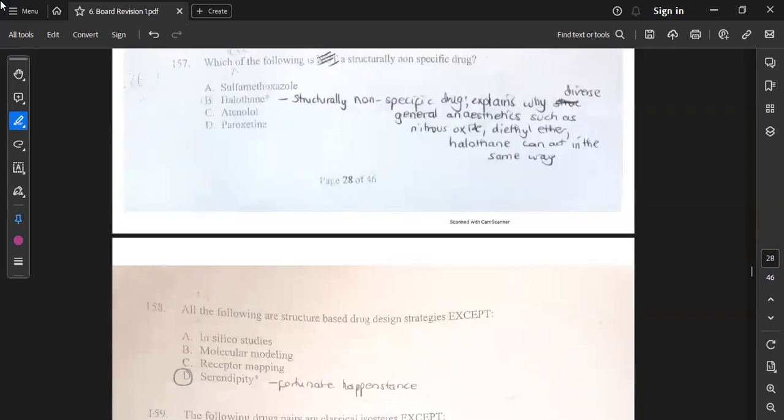Okay. All the following are structure-based drug design strategies except: in silico studies, molecular modeling, receptor mapping, and serendipity. I think that's pretty obvious, right? Serendipitous discovery is more about luck, happening by chance. Does someone have anything to say about drug design? Computer-aided drug design.